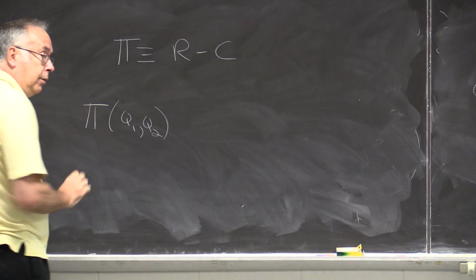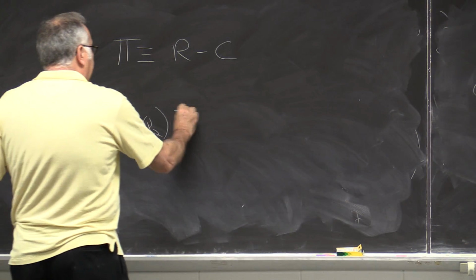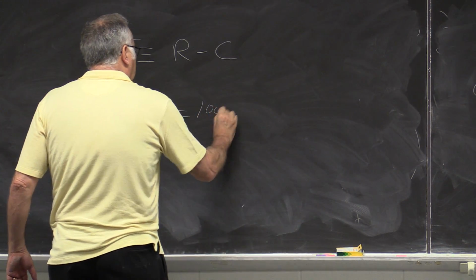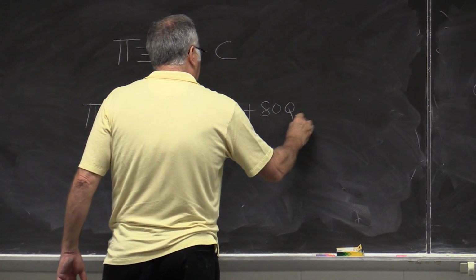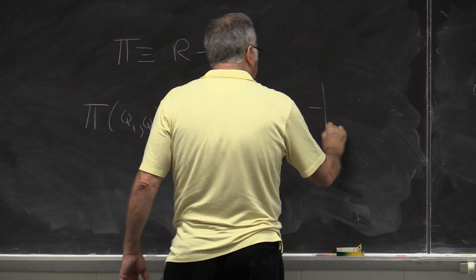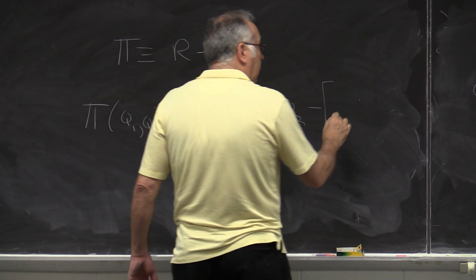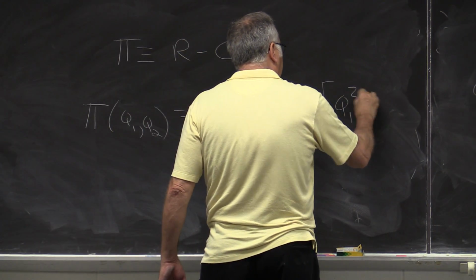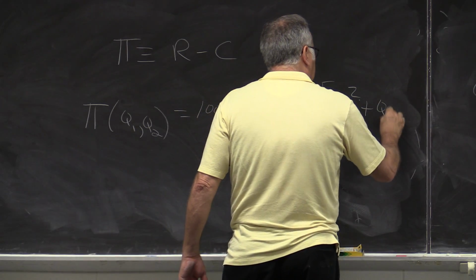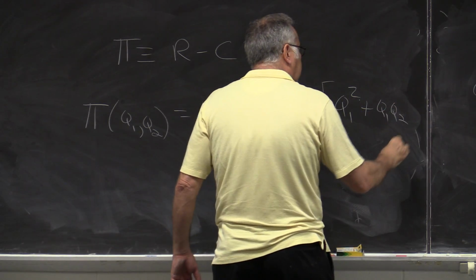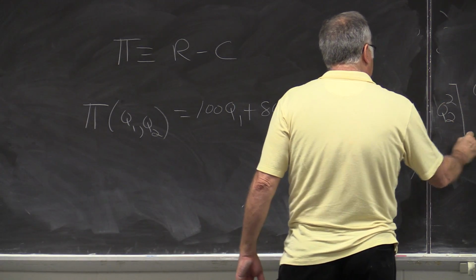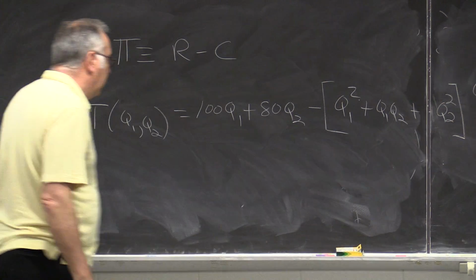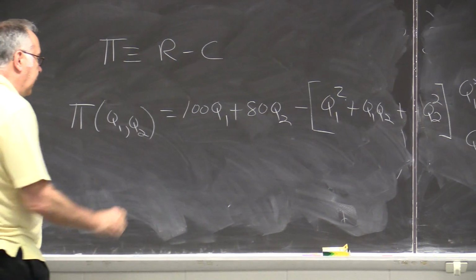Notice there are two variables here, not one. The revenue is just 100 Q1 plus 80 Q2, minus cost, which is just given to you: Q1 squared plus Q1 Q2 plus Q2 squared. Or, we could simplify just a tiny bit.